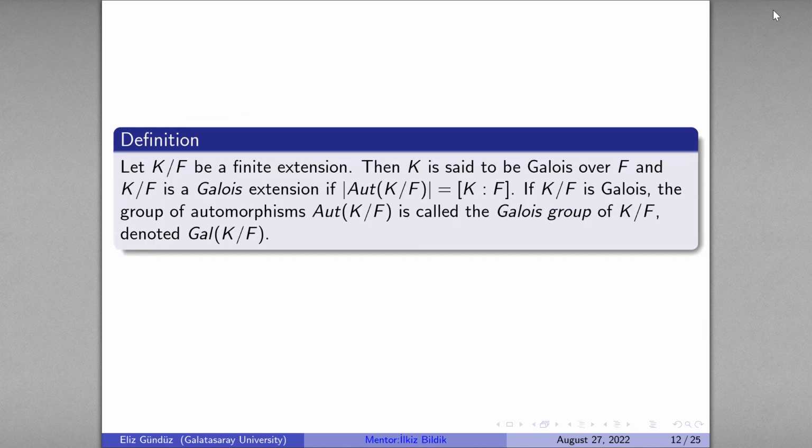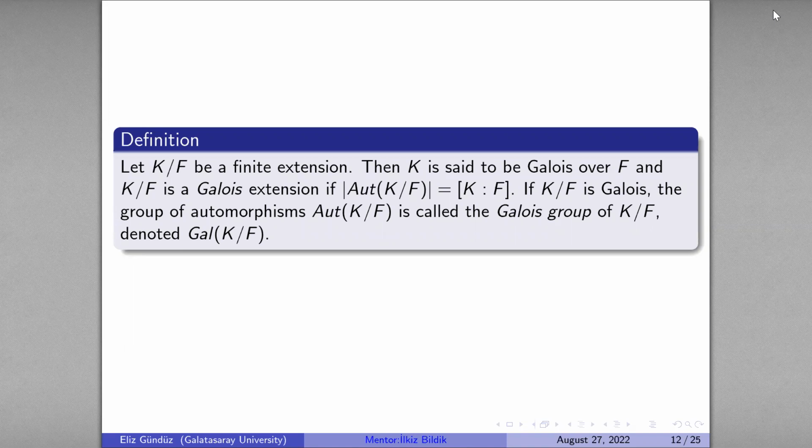And when we take a finite extension, then K is said to be Galois over F, and the extension is a Galois extension, if the cardinality of the automorphism group of K over F is equal to this degree.